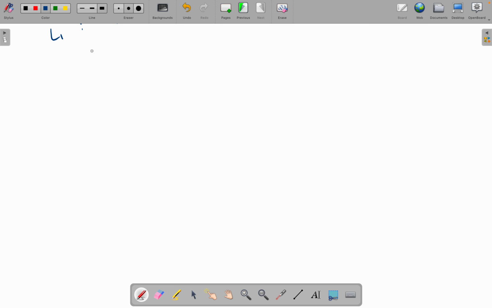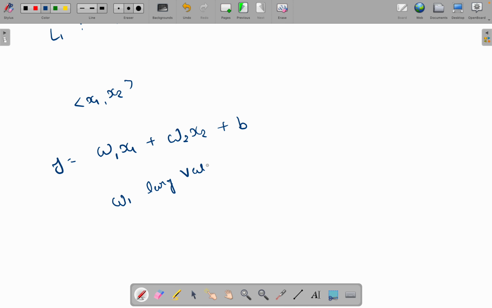Let's say I have two features, x1 and x2. And what we are doing is w1 x1 plus w2 x2 plus b, equal to Y. If you see this equation, x1 and x2 are coming from our training set, and W1 and W2 we are finding. So if my W1 has a larger value, it could be negative or positive as well.